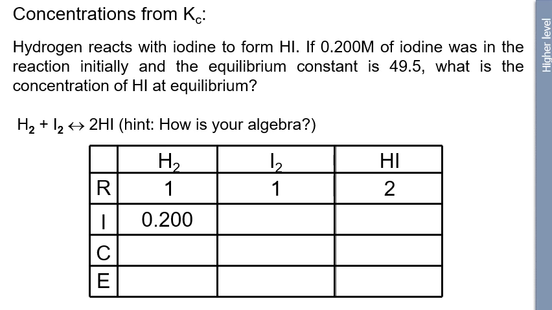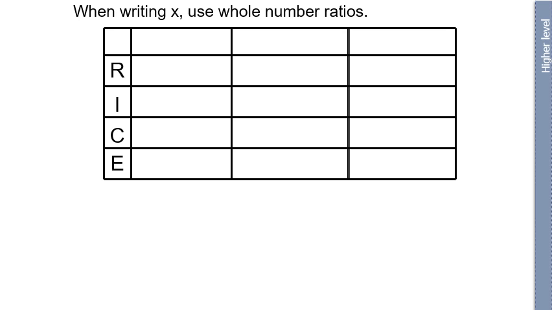Okay, the initial is going to be 0.2 and 0.2 for hydrogen and iodine because there's a 1-to-1 molar ratio, and the concentration of HI is going to be 0 because it hasn't reacted yet. So the change is getting a little bit more funky. Okay, so when writing x, use whole number ratio. So rather than saying, well, what's the change going to be, we're saying the change is going to be x.